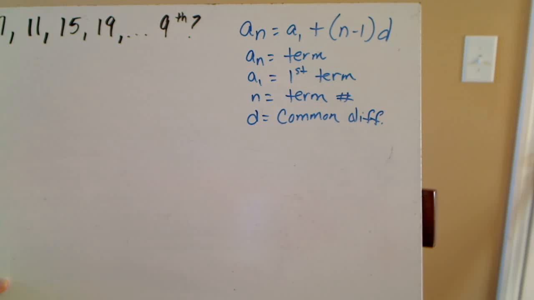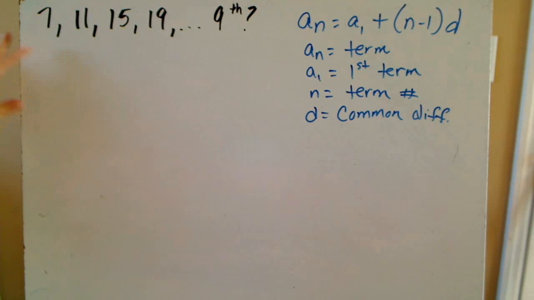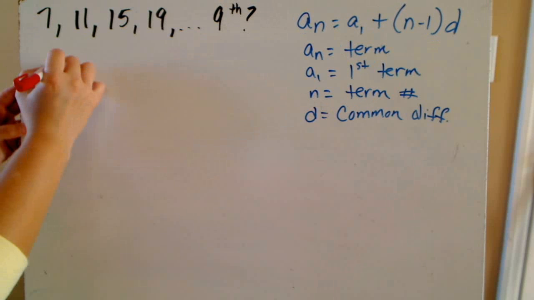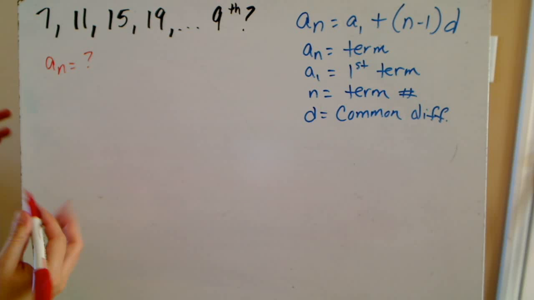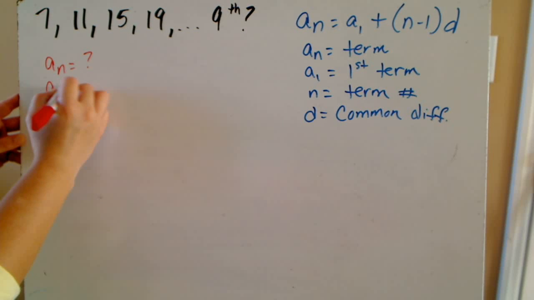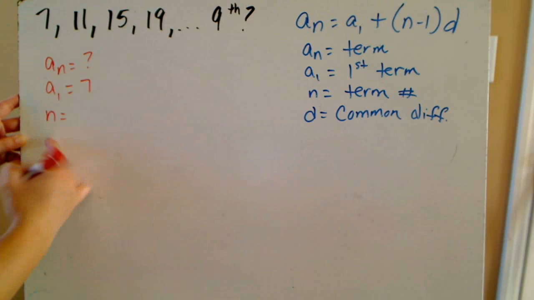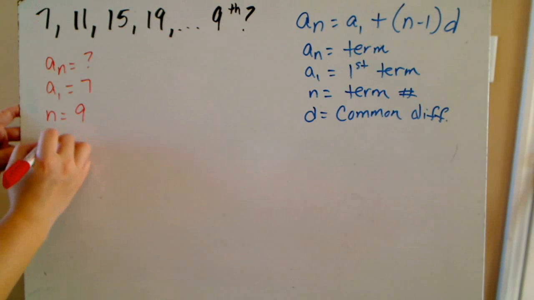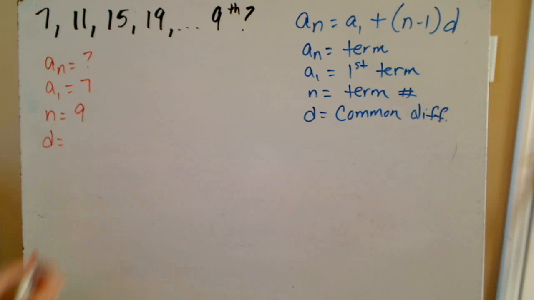Okay, so now that we have our formula, we're going to take this information from our example and plug it into the formula to find out our ninth term. Our a sub n, that's what we're trying to find out. We're trying to find out what the ninth term is. Our first term is 7. The term number is 9. And then our common difference between 7 and 11, 11 and 15, 15 and 19 looks like 4. So it's positive 4.